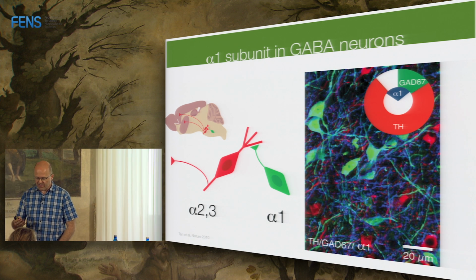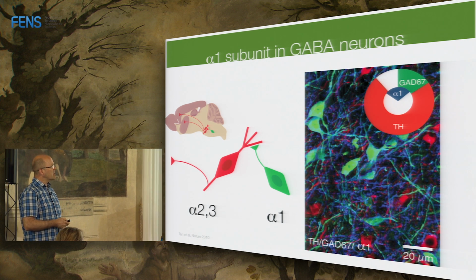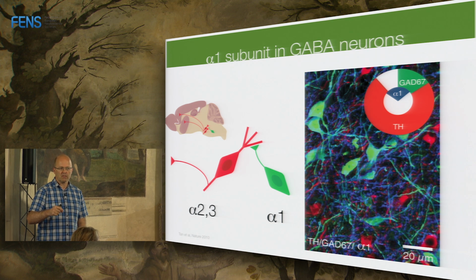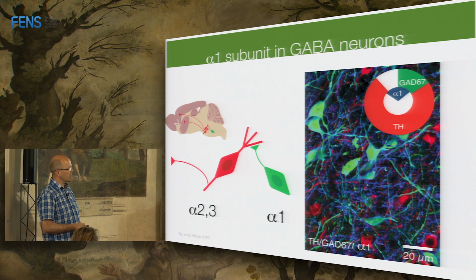So when we started to investigate this, we realized that there is, again, a cell type specific subunit distribution between the GABA neurons and the dopamine neurons of the ventral tegmental area. So we have here the immunohistochemistry, that is the quantification based on images like that. And what you can see is that the green cells here, the GABA neurons, are only co-localized with alpha-1, and that's almost never the case with TH.